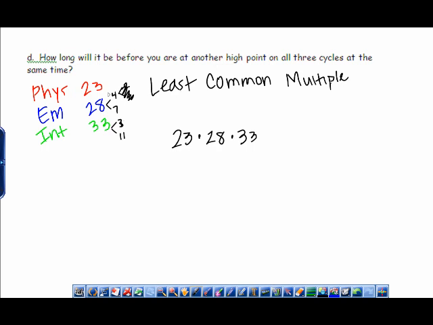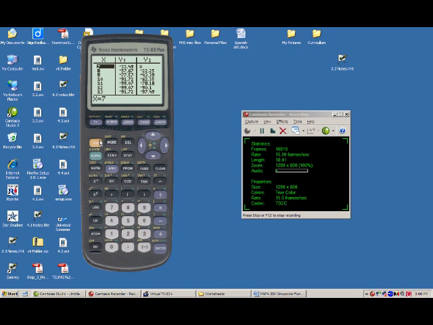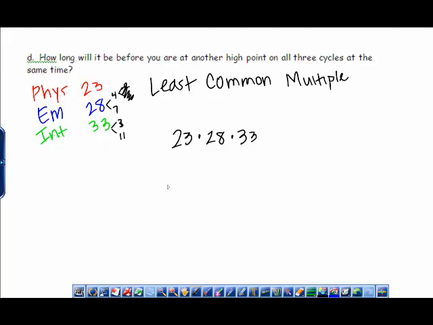All right, so we need to multiply 23, 28, and 33. So 23 times 28 times 33. All right, so that's how long you would have had to scroll on your graph or on your table. 21,252, that many days.